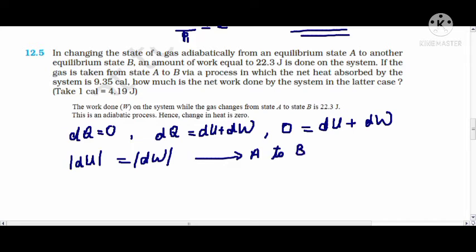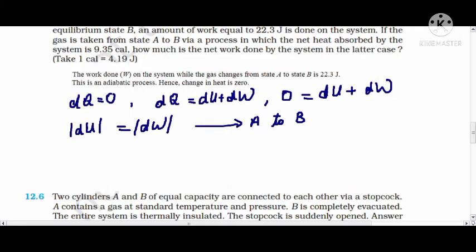Now, let's consider the second process. In the second process, we have to calculate the amount of work done, and again we can use the first law of thermodynamics. We have dW is equal to dQ minus dU.